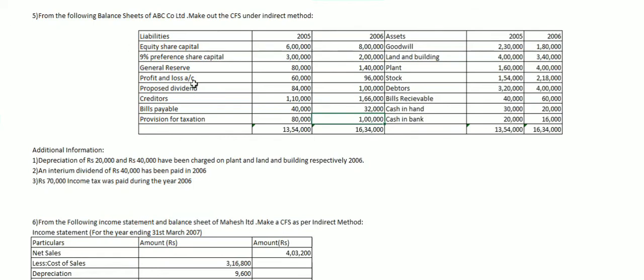So if you see your profit and loss account, 60,000 and 96,000. So net profit is equal to 96,000 minus 60,000. So you will get it as 36,000 as your answer.